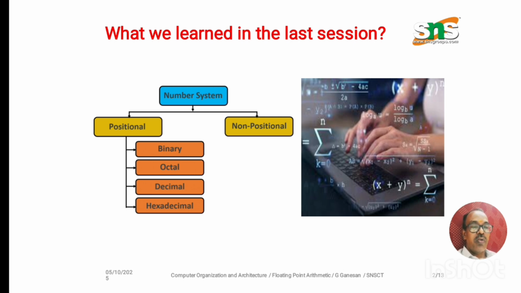What is meant by floating point? Suppose we want to buy a product at 10 rupees, it's a decimal number, an exact integer. Sometimes we buy the product at the price of 10 rupees 50 paise. How to write this? 10.50.